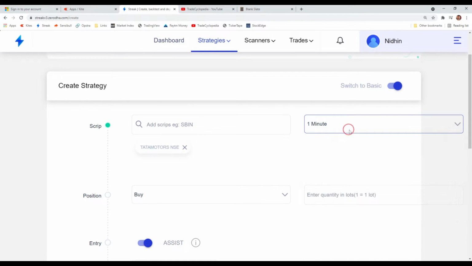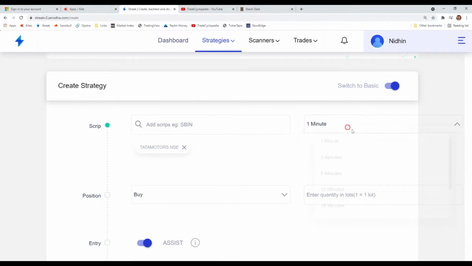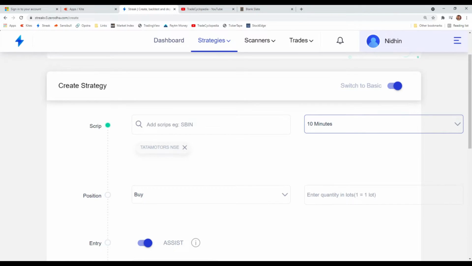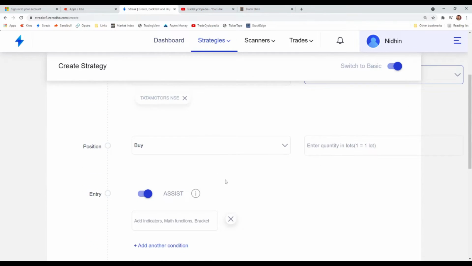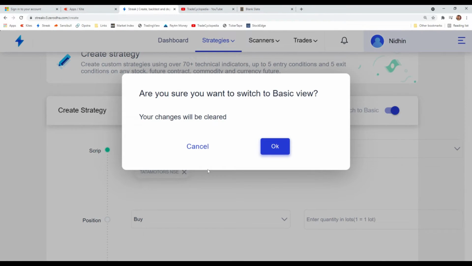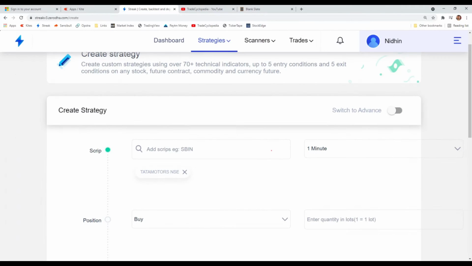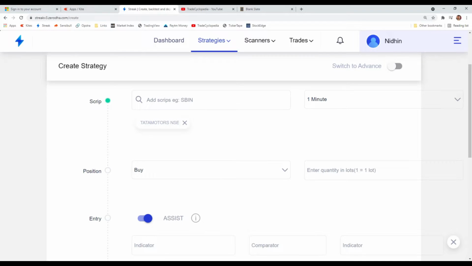If I'm selecting 1 minute here, then the system will keep on analyzing the 1 minute chart of Tata Motors stock. If I'm selecting 10 minutes here, then the system will analyze the 10 minute chart of Tata Motors. So let it be 1 minute anyway. I'm switching this to the basic one. Let's show it with the basics. We have basic and advanced. So I'm just switching it to the basic one.